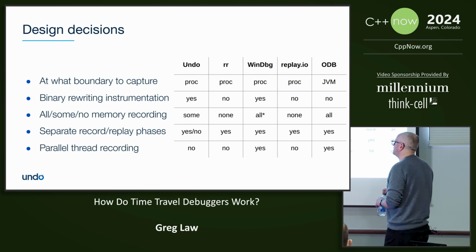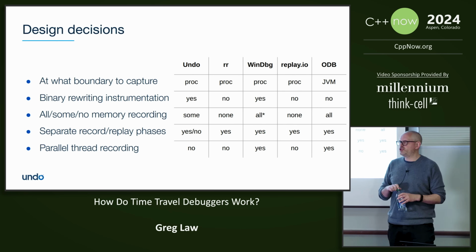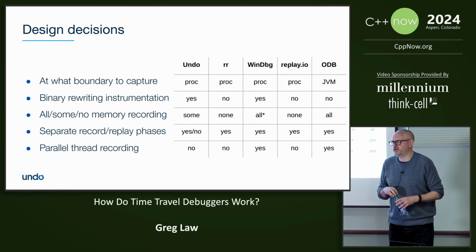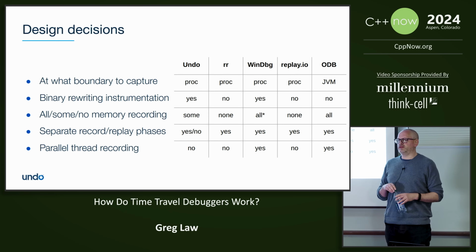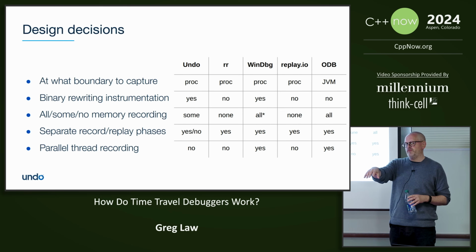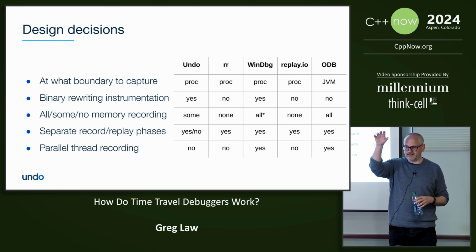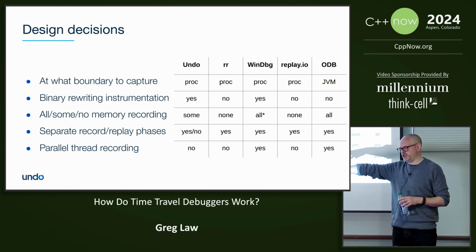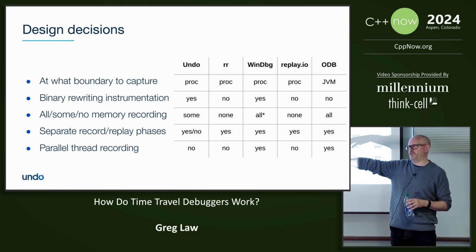Yes. So that's another advantage to jitting: it's just software, so you can do what you want. In Undo, we will emulate instructions. So you might have instructions that exist on the record machine but don't exist on the replay machine. And we'll emulate some of those.